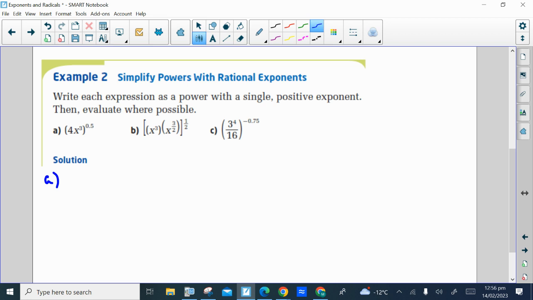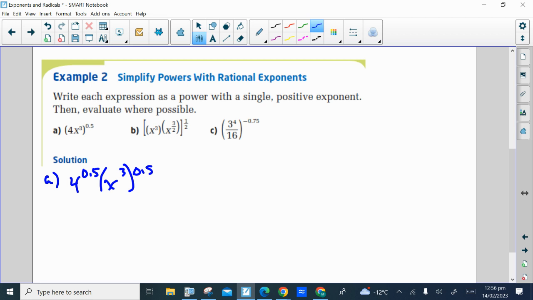For question A, everything inside the brackets is raised to the power 0.5 outside, including the 4. And then when you raise x cubed to the power 0.5, you probably remember that in that case we need to multiply those exponents. But 4 to the power 0.5 is the same as 4 to the power 1/2. We've already seen that means square root.